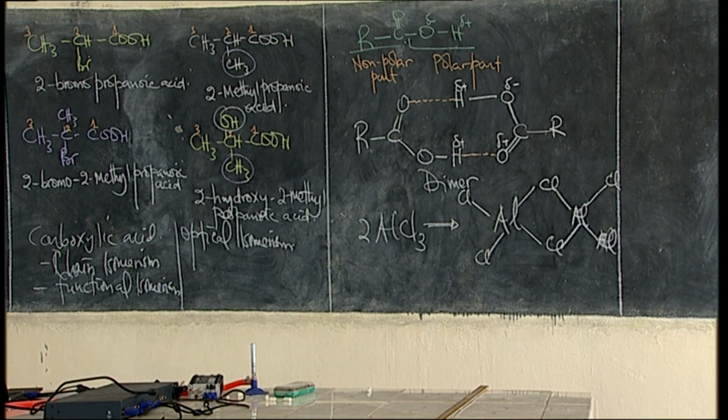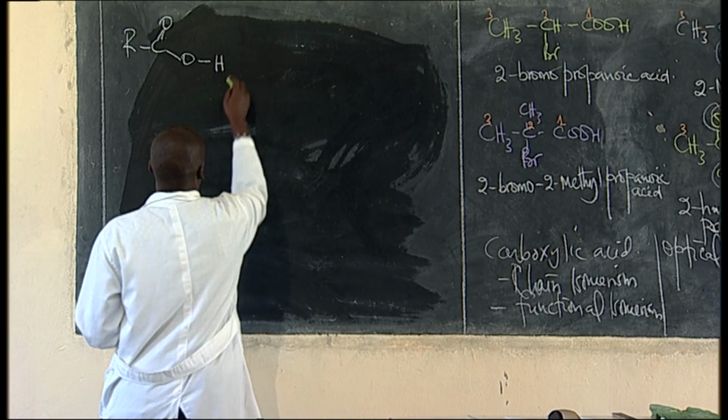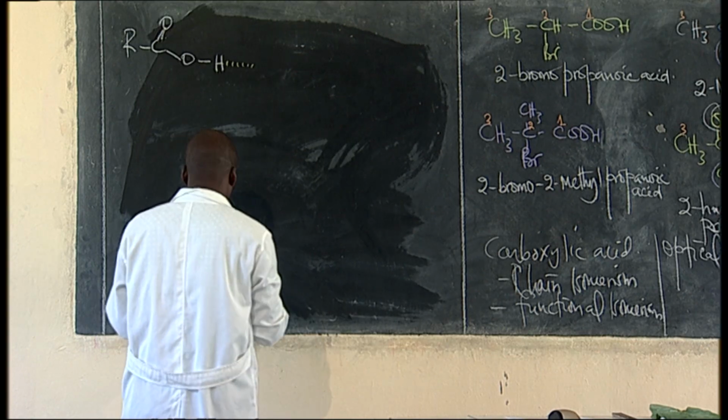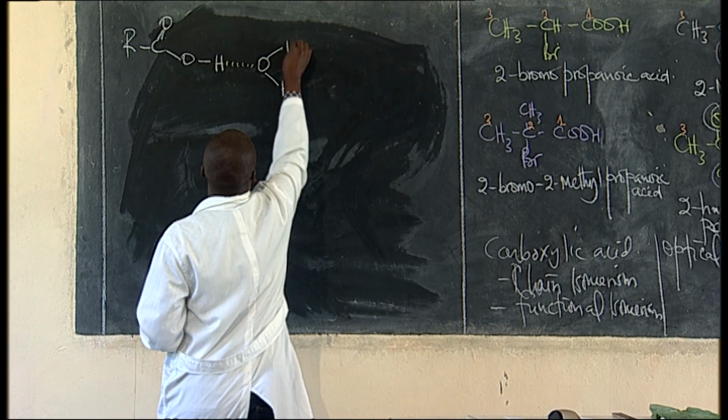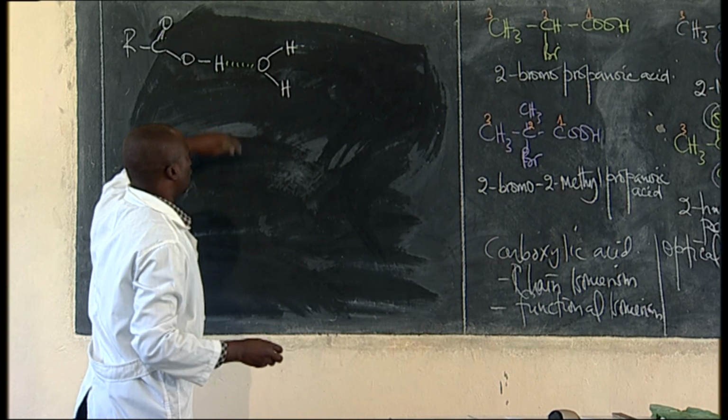This is a carboxylic acid, so this is the hydrogen, and a hydrogen bond can be formed over here, with oxygen and hydrogen of water.